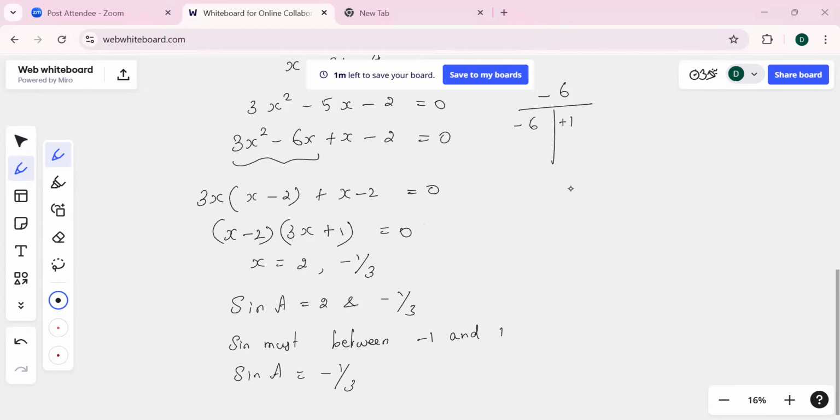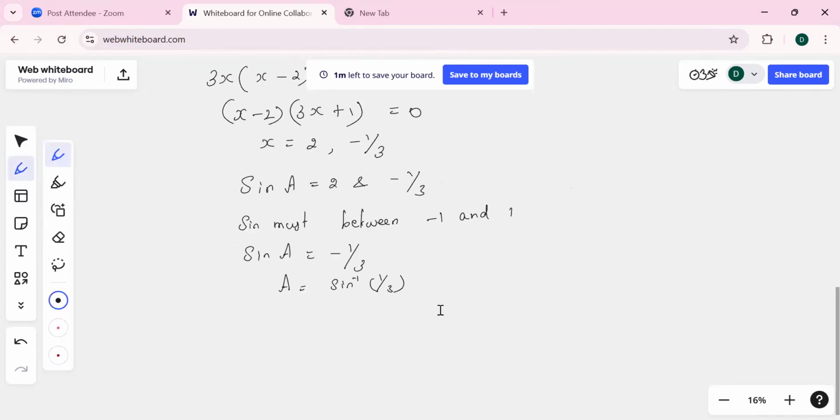Okay, we are going to find the angle A, which is sine inverse of 1 over 3. That gives the value 19.47, but here it is minus, so I can mention it as minus 19.47.